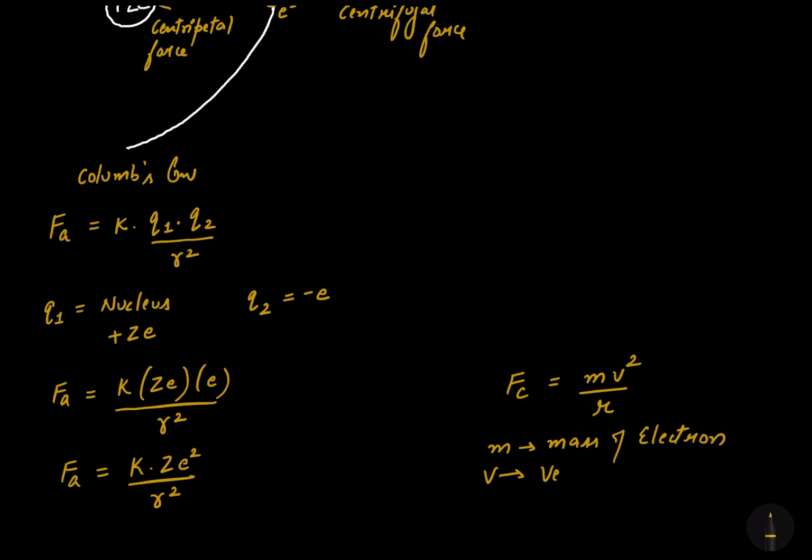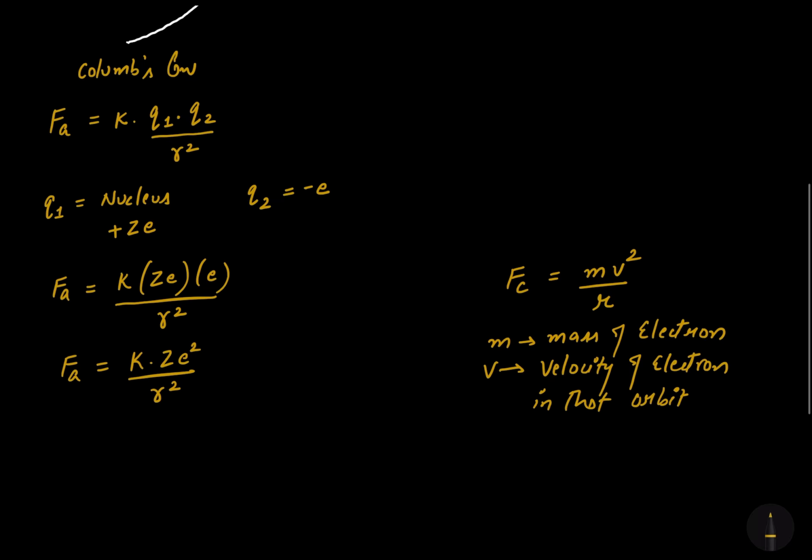It's the velocity of the electron in that orbit. And again, r is the radius of the orbit, and that's the same thing as in the force of attraction, thus r is the same.